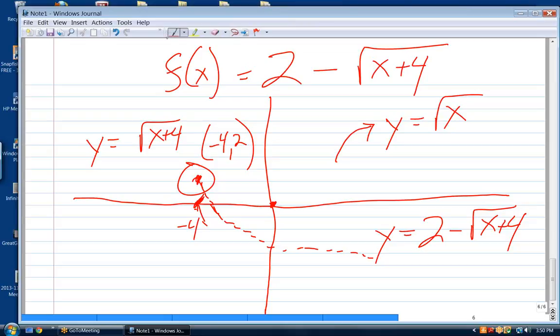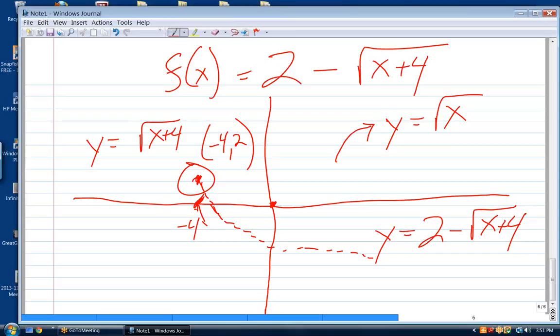Well, I should have done it the other way around. It doesn't really matter as long as the reflection is about the x-axis and the horizontal translation, it doesn't matter which of those you do first, but it definitely makes a difference whether you add before or after reflecting. Okay, so as long as the shift and the reflection are on the same axis.